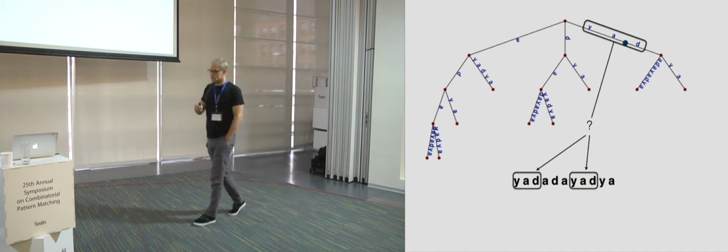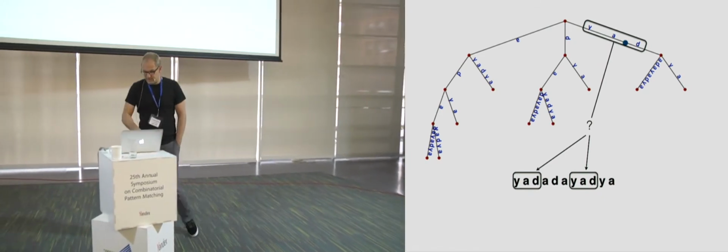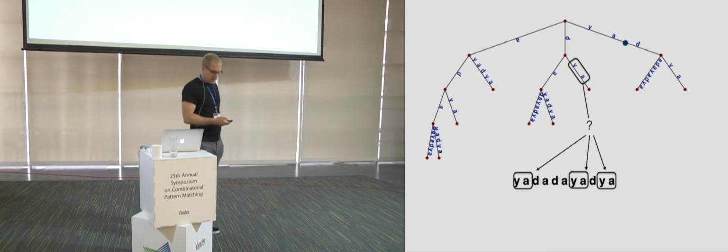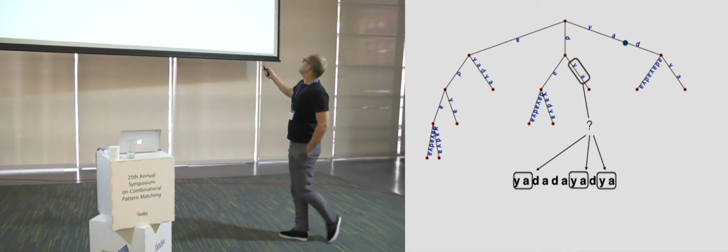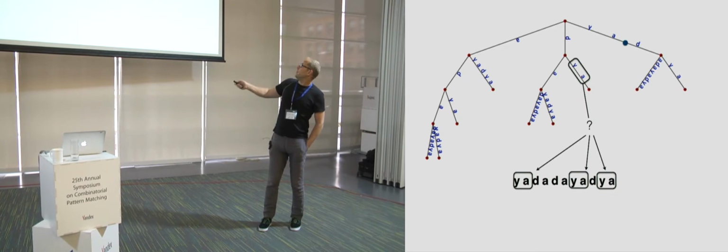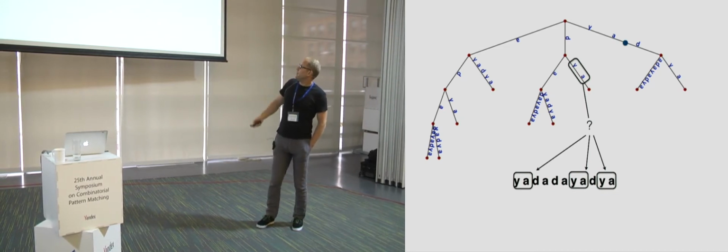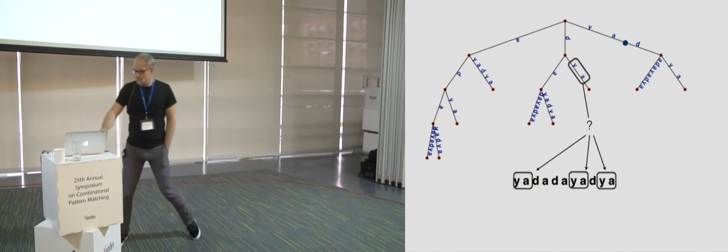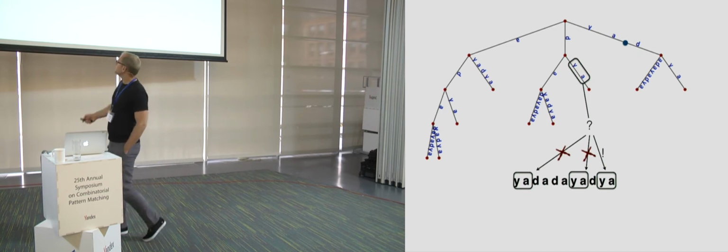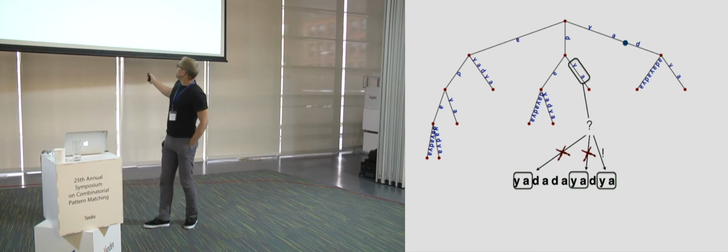It doesn't matter. In some cases, it does matter. For instance, here, you may think that this label could be represented as either of these three, but in fact it can only be this one.